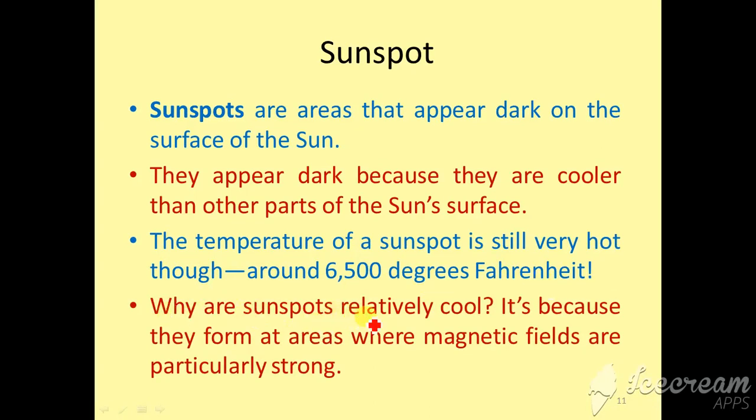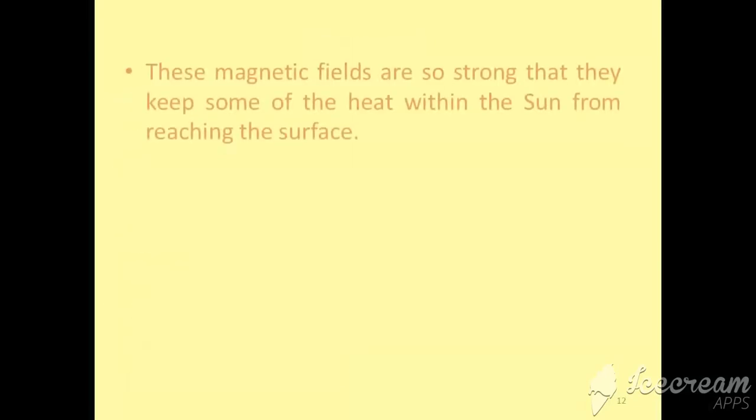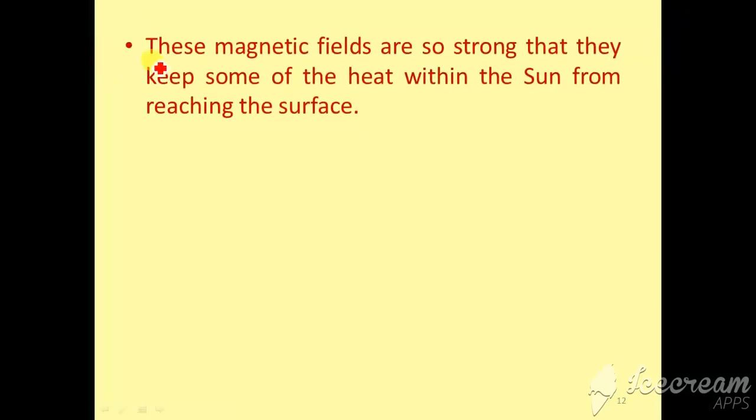Why are sunspots relatively cool? It's because they form at areas where magnetic fields are particularly strong. These magnetic fields are so strong that they keep some of the heat within the sun from reaching the surface.